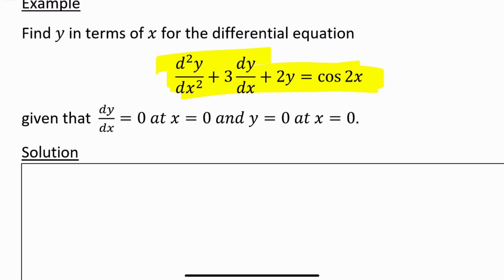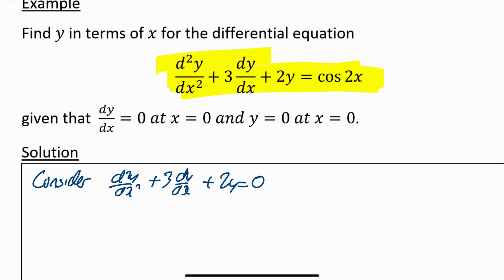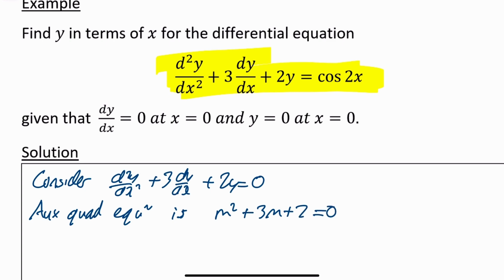For this one, we're going to consider d2y by dx squared plus 3 dy by dx plus 2y equals 0. So you just put the right hand side equal to 0. Then the auxiliary quadratic equation, as we've seen in the last few videos, is m squared plus 3m plus 2 equals 0, which factorizes to be m plus 2, m plus 1 equals 0.